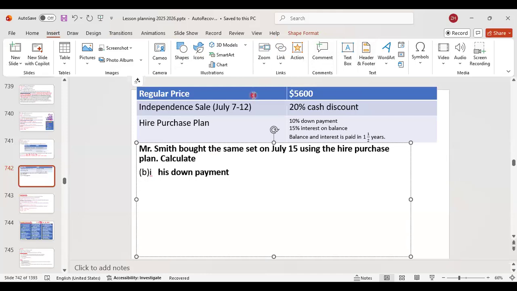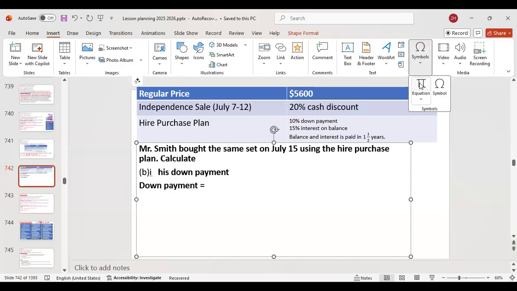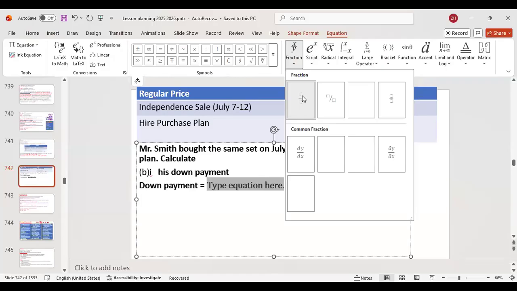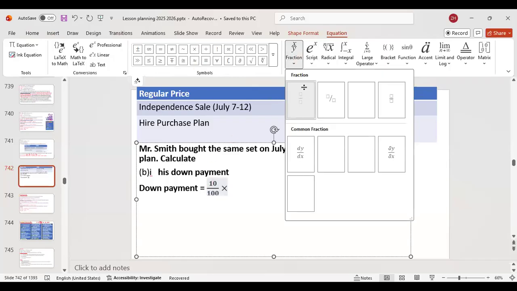Deposit, very good. So we're going to calculate his deposit. So deposit or down payment, in this case, is going to be equal to 10% of what? What does "of" mean in math? Multiplication. Yes, of means multiplication. So 10% of what?